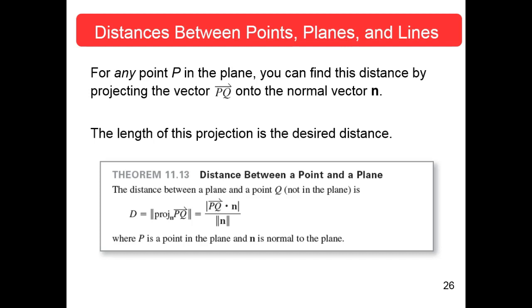So here's how you do that. The distance between a plane and a point Q, not on the plane (obviously Q can't be on the plane), is the magnitude of that projection. And what is that projection?